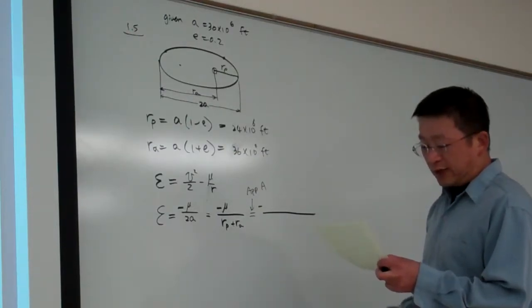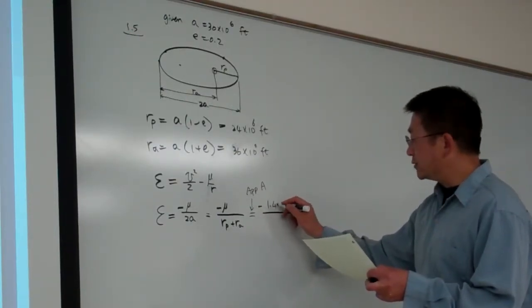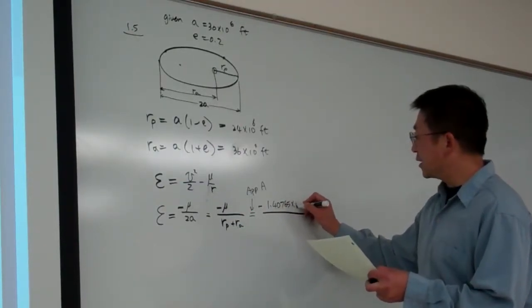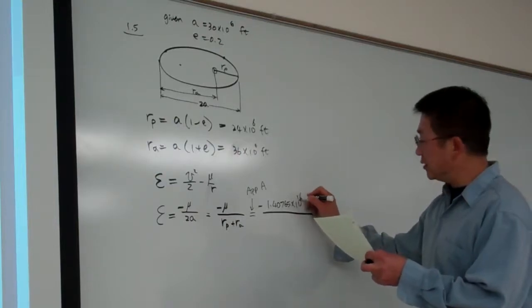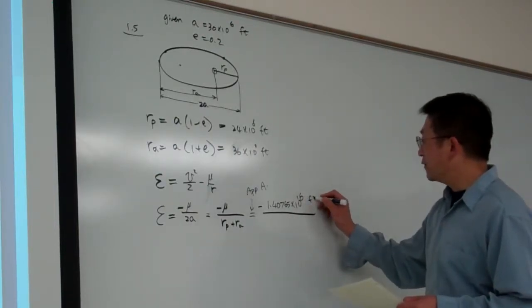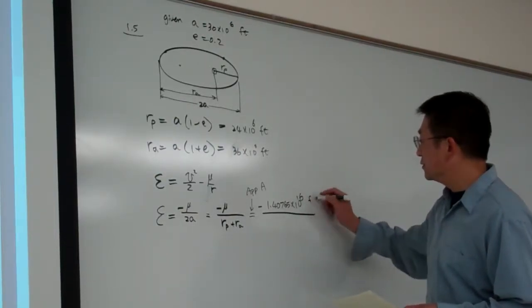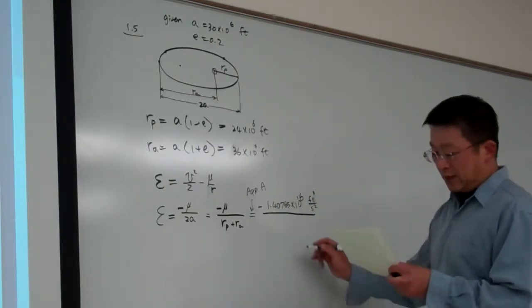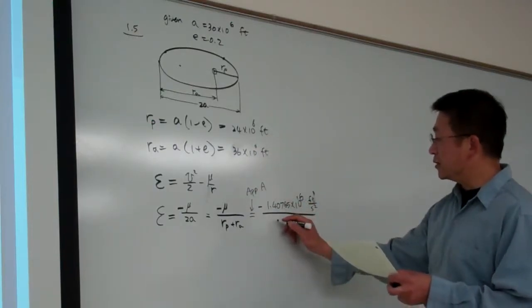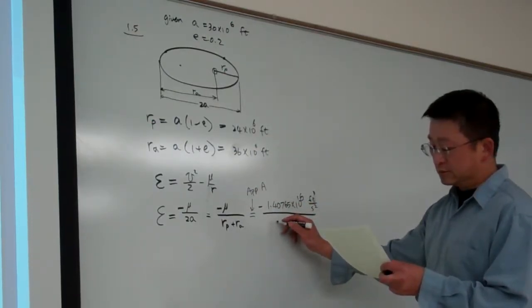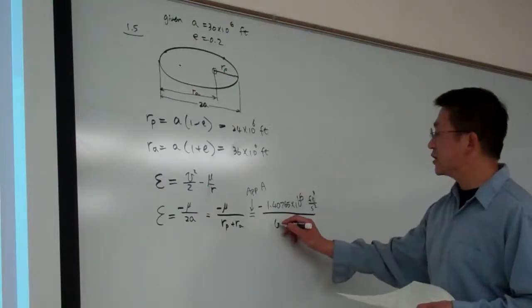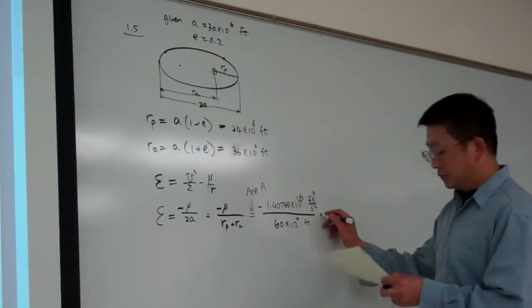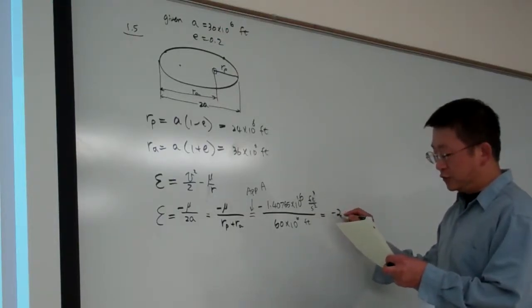So mu for that one is 1.40765 times 10 to the 16, I believe it is feet cubed per second squared. And 2A simply is 60. So this one is minus 2.36.